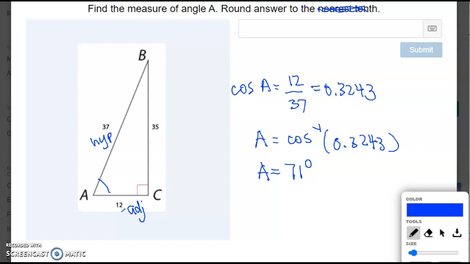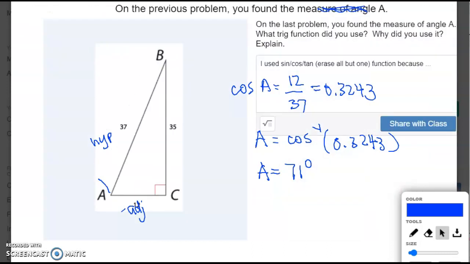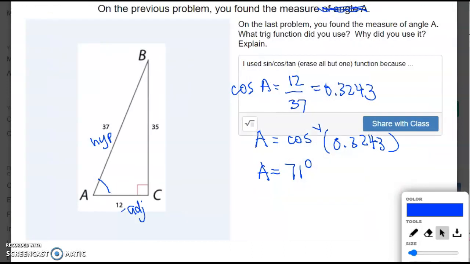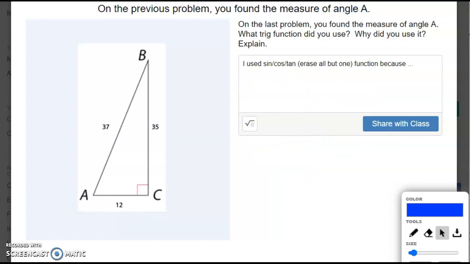Now some of you might have used cosine, some of you might have used sine, some of you might have used tangent. Regardless, if you use the right sides, you will still get 71 degrees. All right, then on the last problem, you find the measure of angle A. What function did you use?